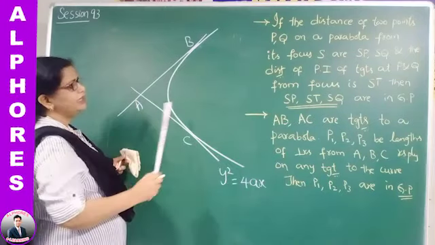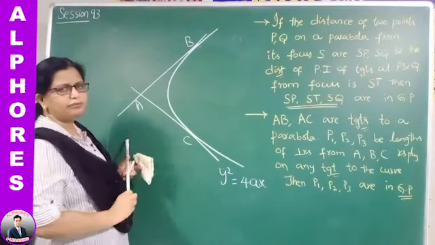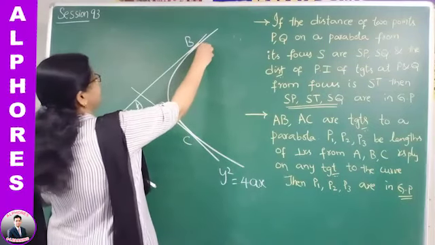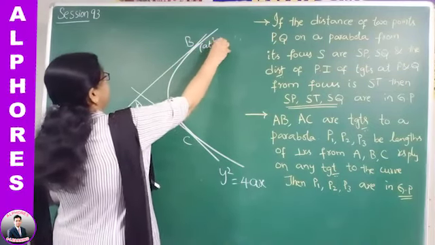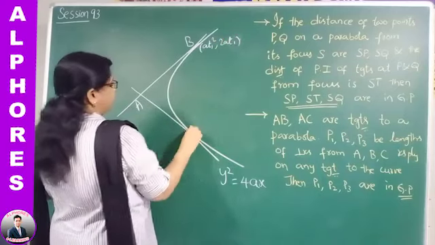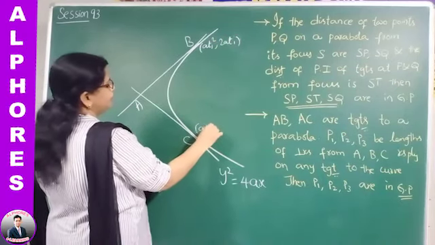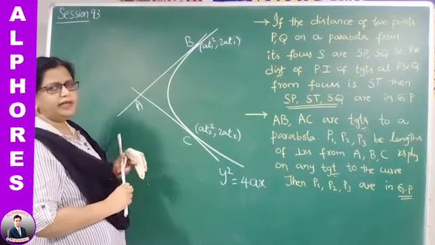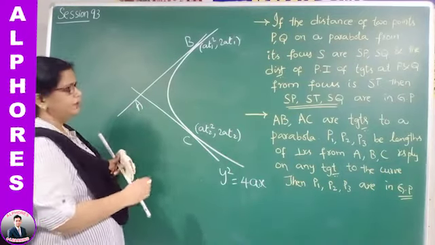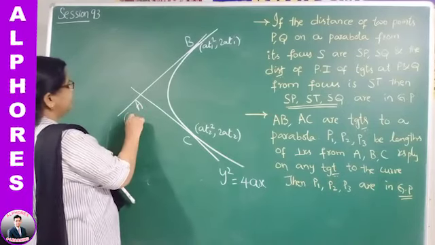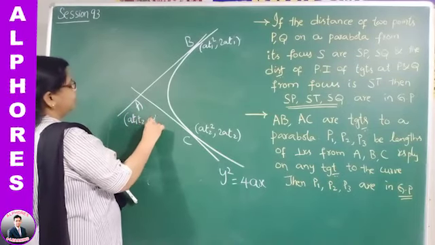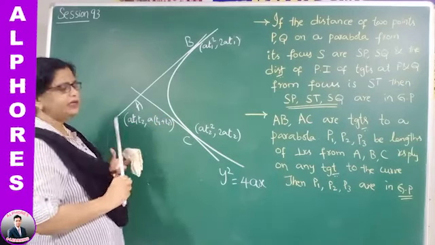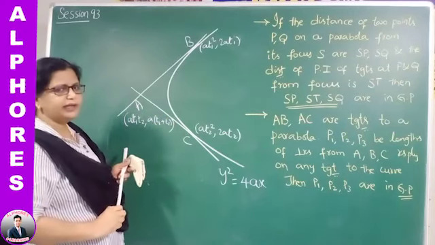So it does not mean B and C are ends of a focal chord, no restriction given. Therefore let us take B as (AT1 square, 2AT1), and C as (AT2 square, 2AT2). Then what about the point of intersection? This is nothing but (A T1 T2, A into T1 plus T2). Okay, students, so in this way we can write the coordinates of A.